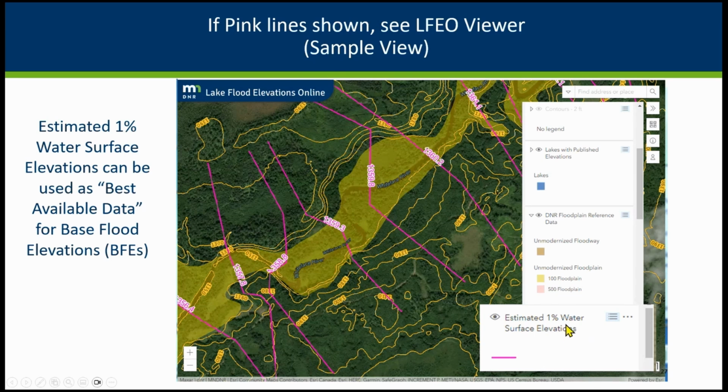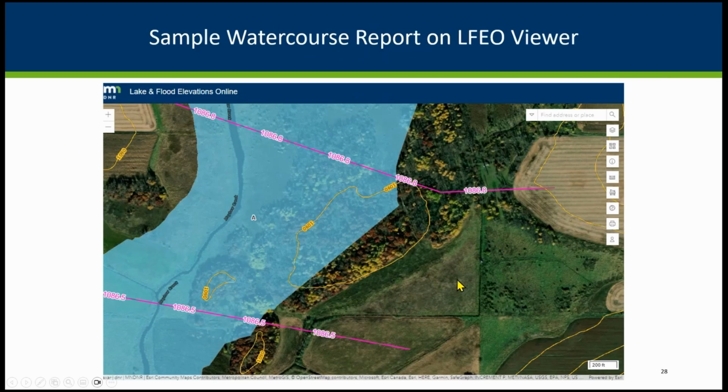We purposely don't call them estimated BFEs because that's the official elevations. But FEMA does accept us using these water surface elevations, the 1% water surface elevations, as best available data for the base flood elevations.